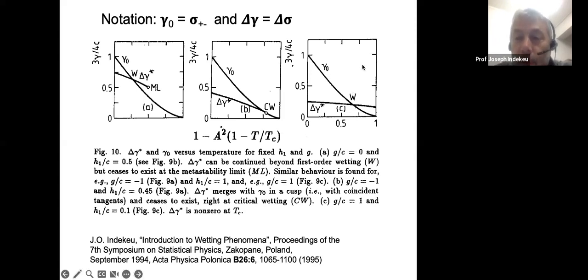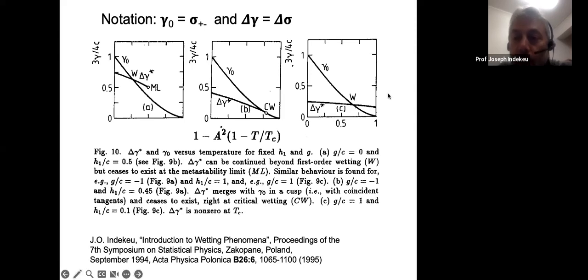Here the situation gets even more pronounced, because here we have a first order wetting transition, just like we had here on the left, with a discontinuity in the first derivative of the surface free energy. But the delta gamma star or delta sigma star can actually be continued up till the critical point, and actually above the critical point in bulk, and we'll come back to that soon, that situation of surface order above the bulk critical point.